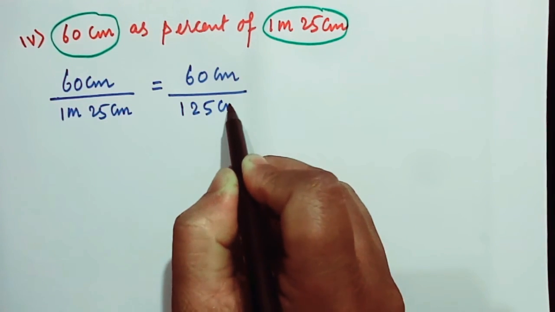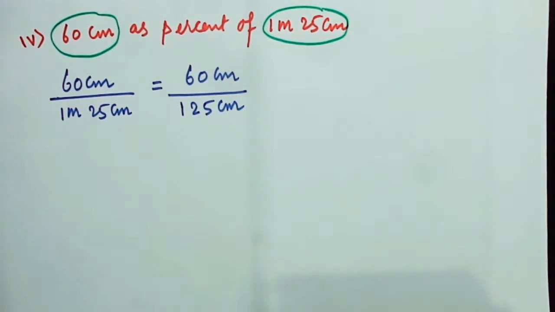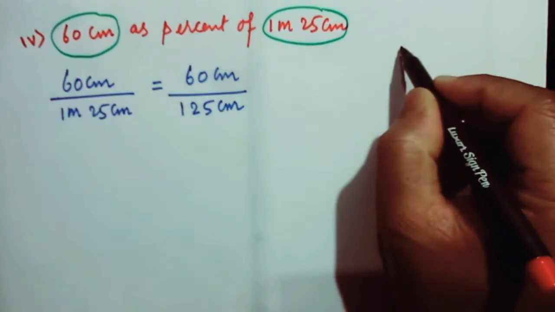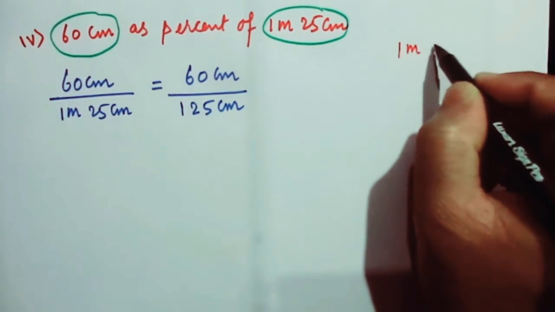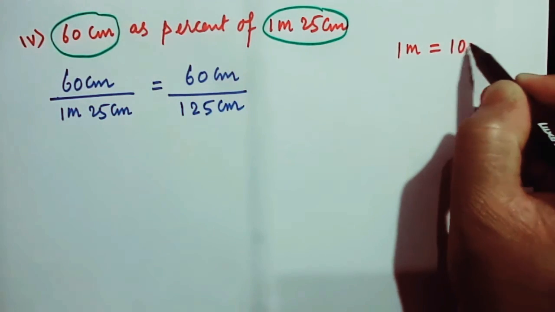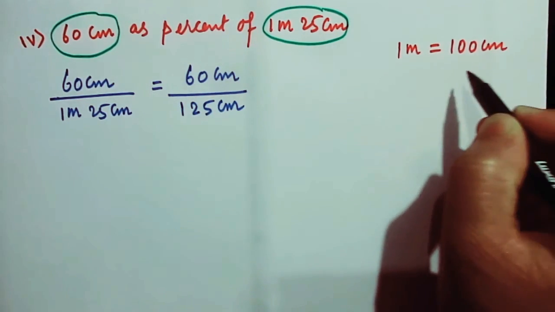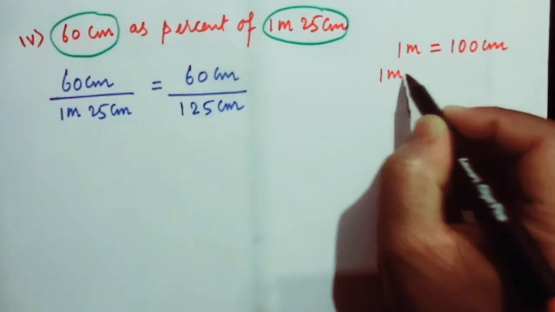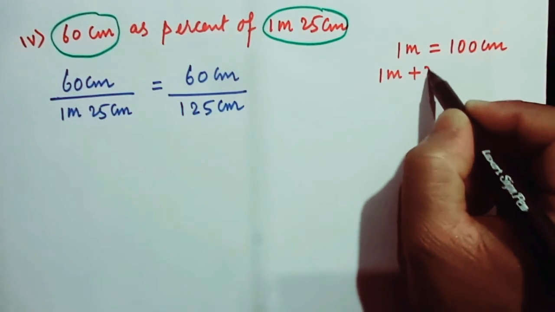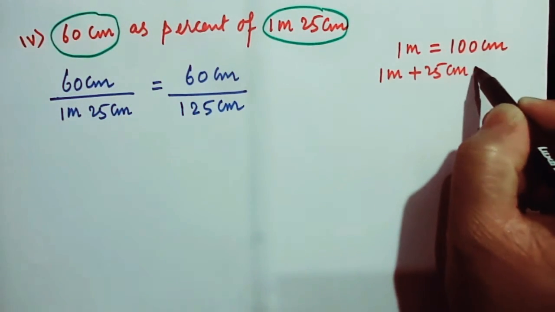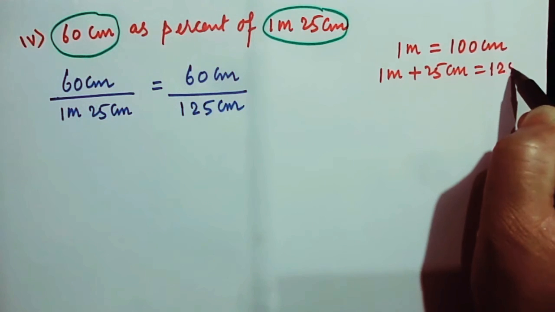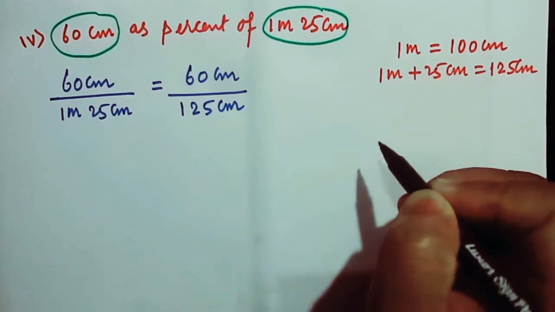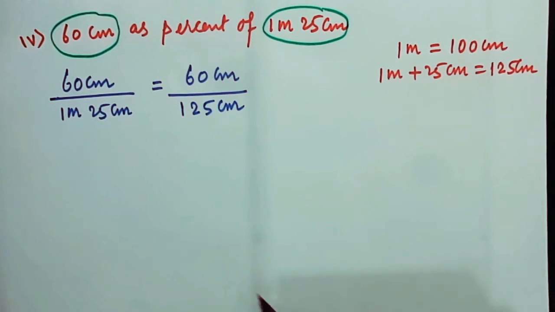So here we have 60 centimeter by 125 centimeter. Now you might be worried how. So here comes your how, that 1 meter is equal to 100 centimeter. Therefore 1 meter plus 25 centimeter will give you 125 centimeter. So there's nothing special here.